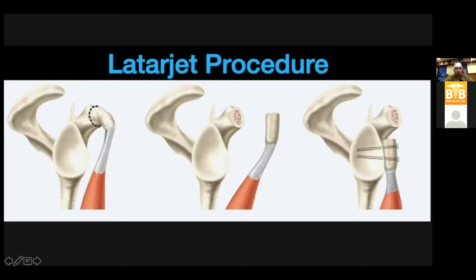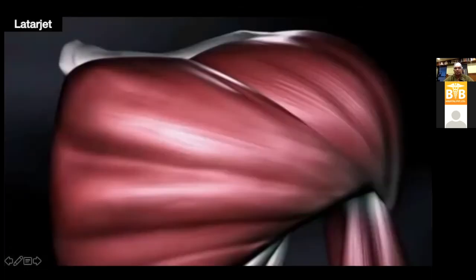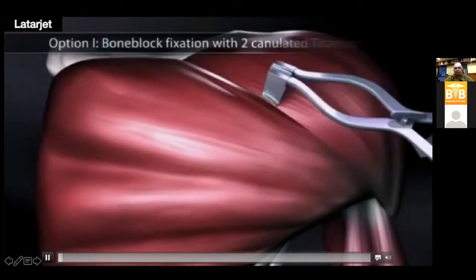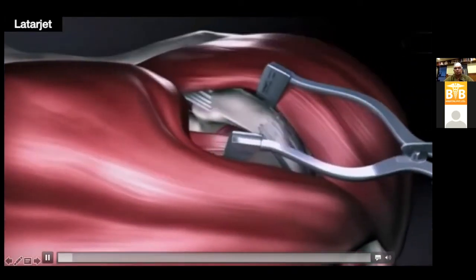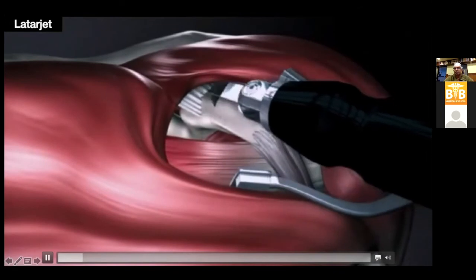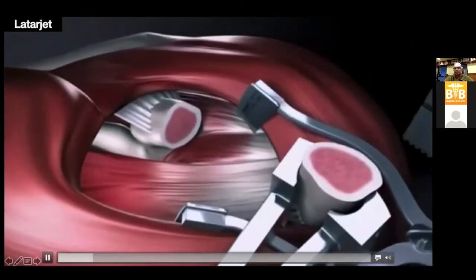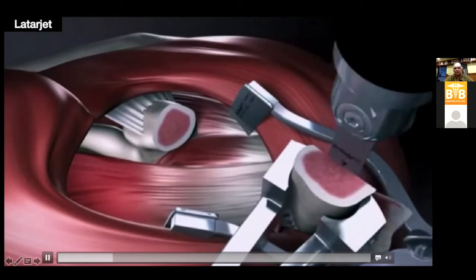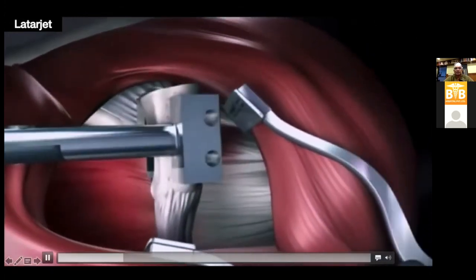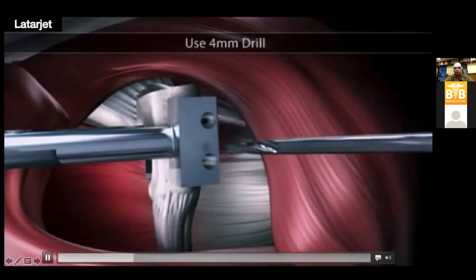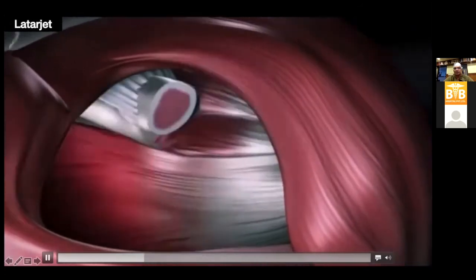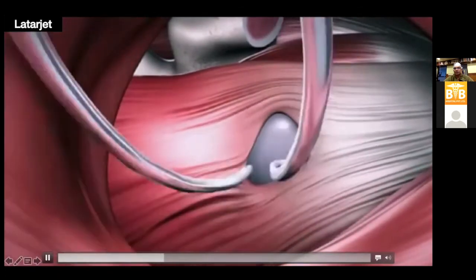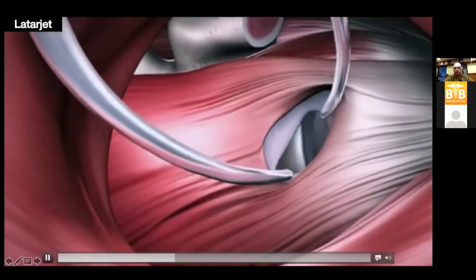You go through the deltopectoral approach, and once you open it, you will find the coracoid. You do an osteotomy of the coracoid and remove the undersurface so that this becomes a cancellous part. Make 2 drill holes; there are various jigs available to do this. Then you open the subscapularis muscle and then the capsule, and you reach the glenoid.